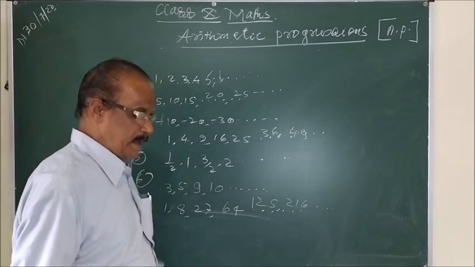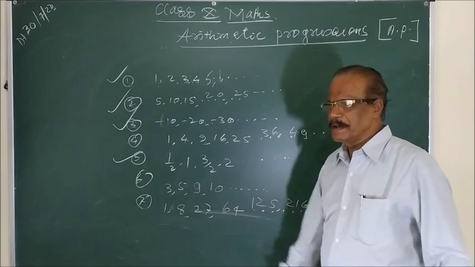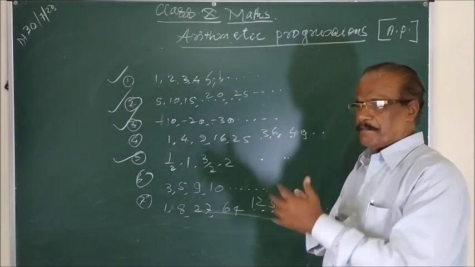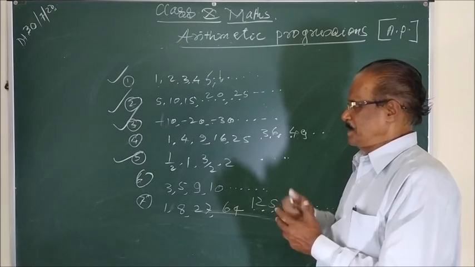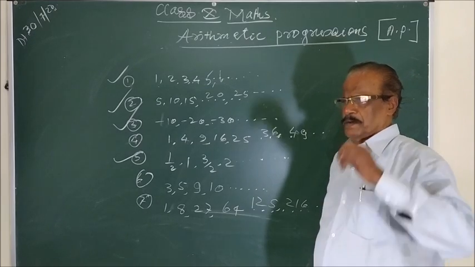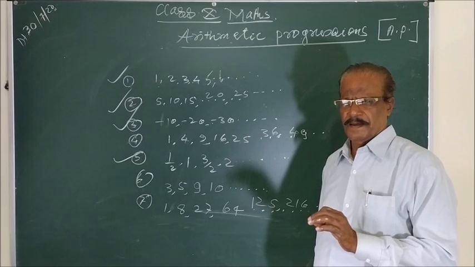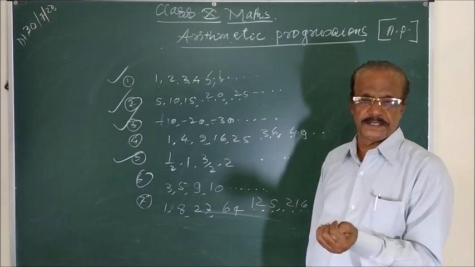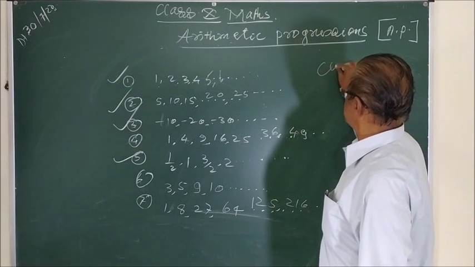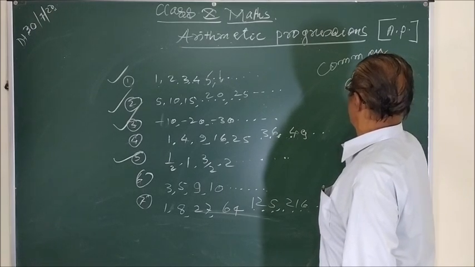So AP में आपने क्या सीखा कि if the numbers, list of numbers, if we are in position to write the next number, then we can say the numbers are in AP. So the fixed number by which the numbers of the list increase or decrease, that is called common difference. इसको बोलते हैं common difference.